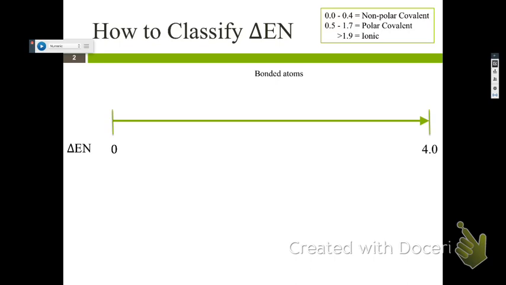All right, let's go ahead and start with the ones with the lowest difference in electronegativity. Can I get one bonded pair per volunteer, and then we'll bounce around.